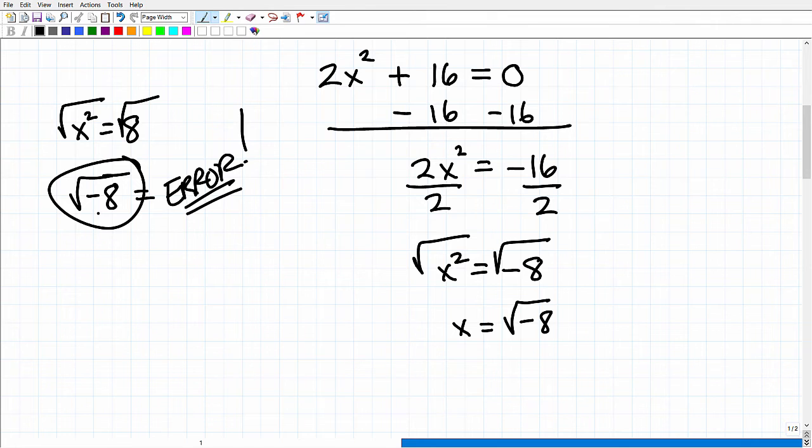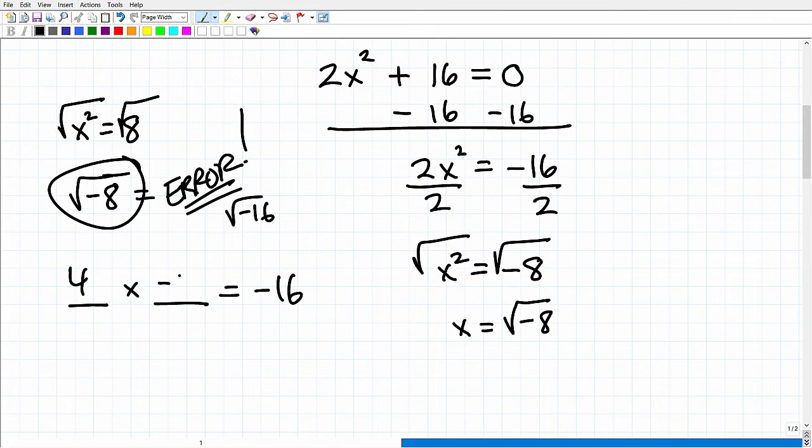So the square root of negative 8 is saying something times itself is going to be negative 8. Let's even use negative 16 here for a second. The square root of negative 16 is an example. So what something times itself gets us back to negative 16? Well, we can't.